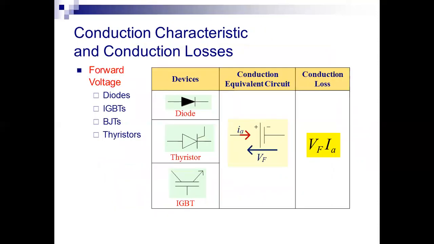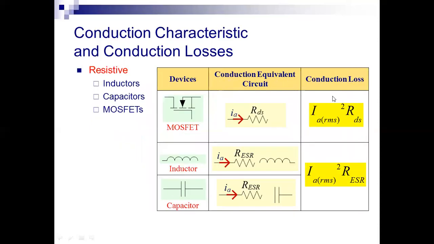Conduction characteristics and conduction losses: if you observe forward voltages of diodes, IGBTs, BJTs, and thyristors, the devices we are showing, the diode, thyristor, and IGBT, this is the conduction equivalent circuit for these three switches. IA is the current being provided, and there is a forward voltage. The conduction loss equals the product of VF and IA, plus some resistive components of the inductors, capacitors, and also the MOSFETs.